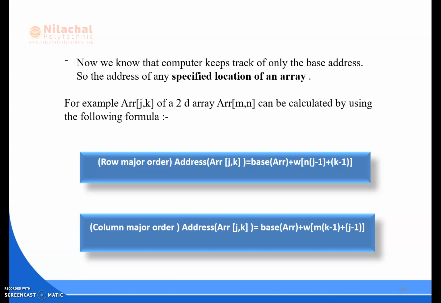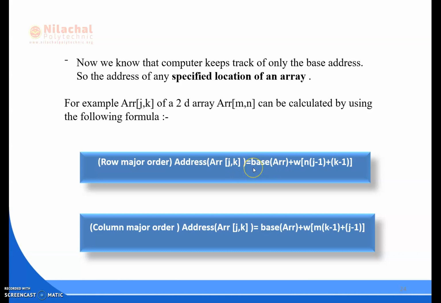Similarly, here we can also find the address of any specified location of the two-dimensional array with the help of the row major order address formula and column major order address formula. The row major order address formula is: for array element A[j][k], j is any row and k is any column.